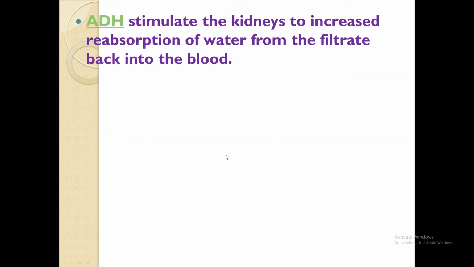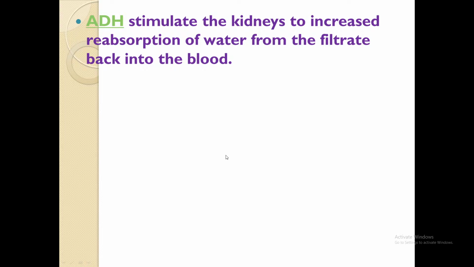So they are saying now that the antidiuretic hormone stimulates, that means that it instructs, or it tells the kidneys to increase reabsorption of water from the filtrate back into the blood. Now if you realize, they say reabsorption. So once you have RE, which is re, it means that that process would have already taken place.